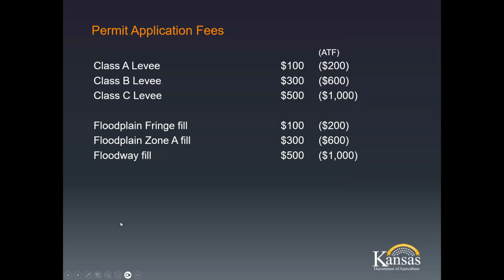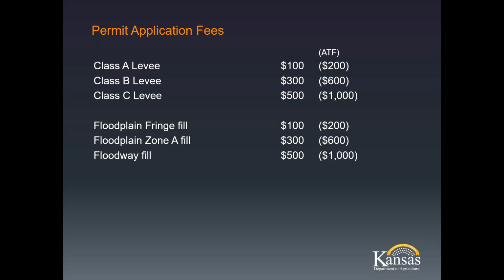So, permit application fees. Let me first go over what a Class A, Class B, and Class C levee is. A Class A levee is also known as an agricultural levee. It means that if it were to break or be breached, it would only harm agricultural land or agricultural buildings.